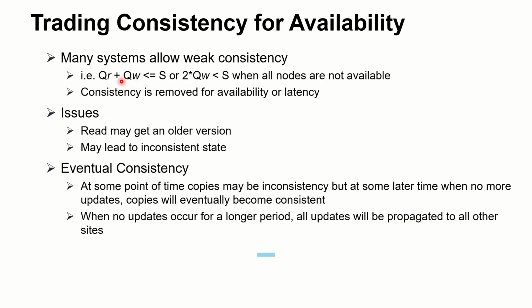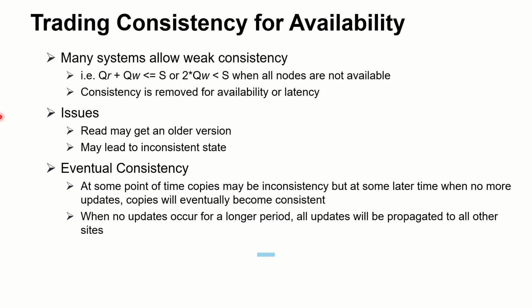Take the same example: 10 sites, each with weight 1, with QR as 2 and QW as 4. Here QR plus QW is less than 10, and 2 times QW is less than S, which is 10. So many systems allow weak consistency.